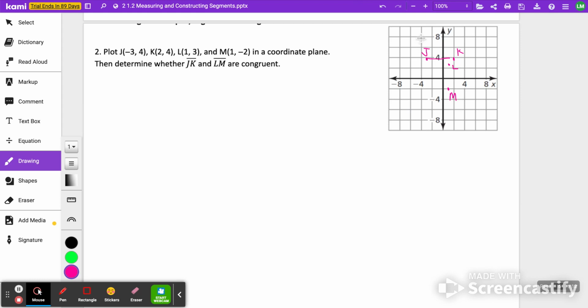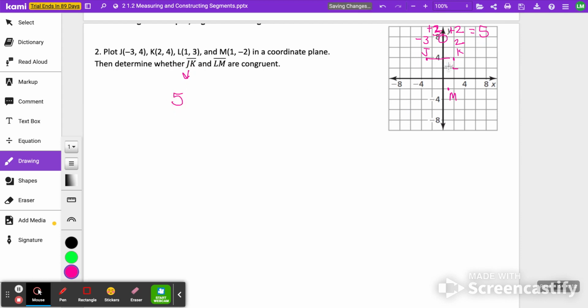Remember, J is at -3 as an x value, and K is at +2. So -3 has a distance from 0 of 3, and 2 has a distance from 0 of 2. 3 plus 2 is equal to 5. So JK's length is 5 units.